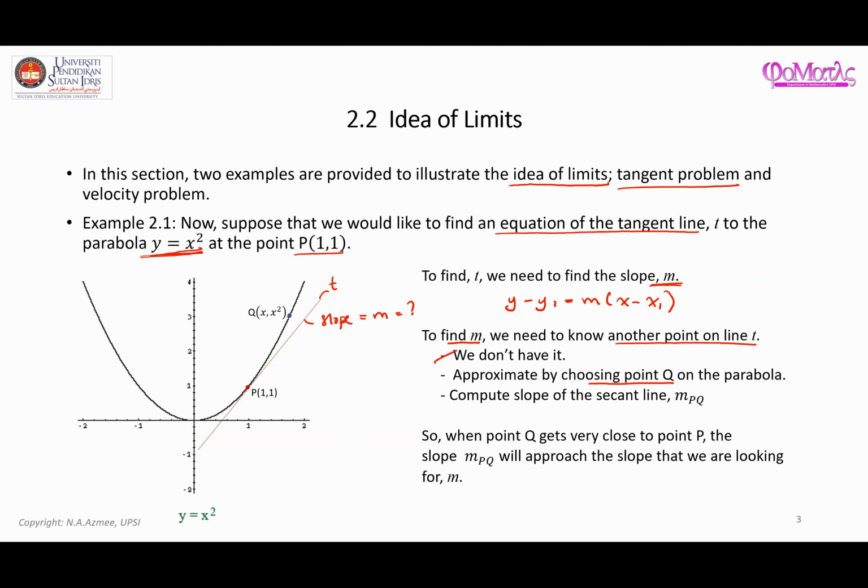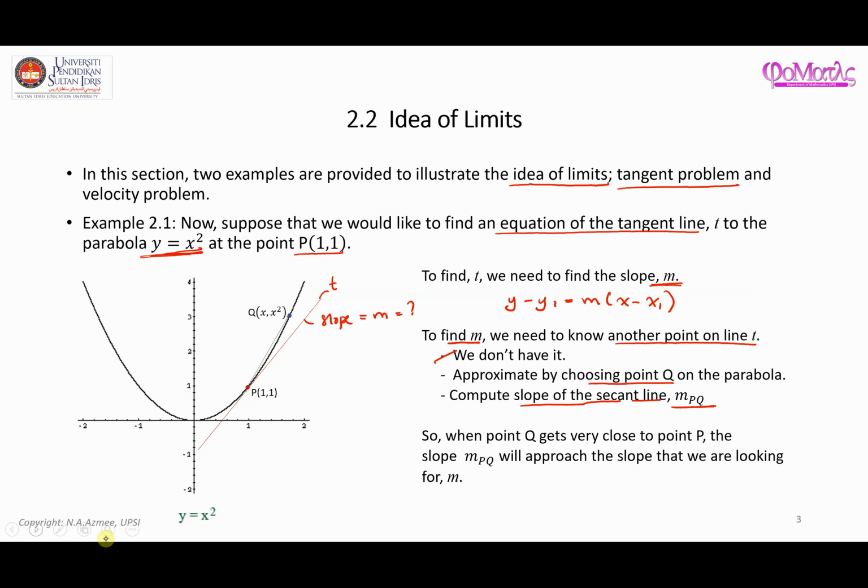Based on that point, you can compute the slope of the secant line, which we are going to call m_PQ. You can construct the line from point P to point Q and compute the slope of that line.